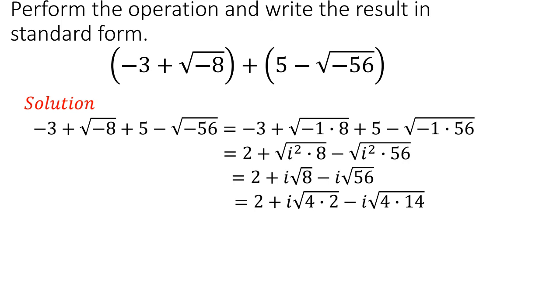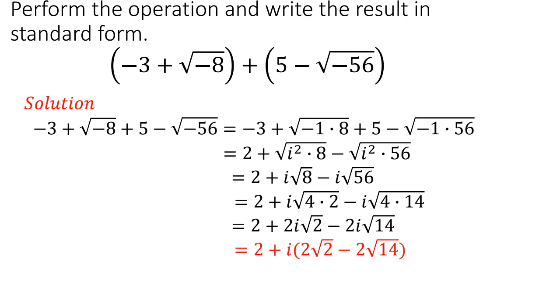So we have this 2i square root of 2 minus 2i square root of 14. Okay, so what we want to do is when we're putting the problem on our homework, because it wants it in standard form, we're going to factor out that i here. Okay, so we factor out the i, we're left with 2 square roots of 2 minus 2 square roots of 14. And now it's in standard form.